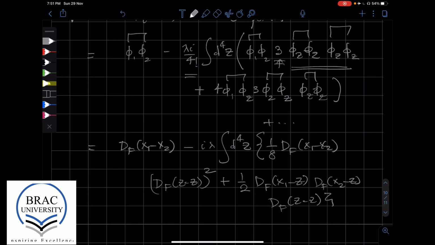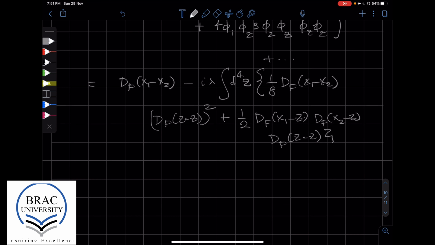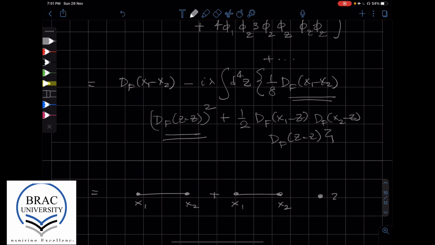So diagrammatically, we can express these terms in the following way. The first term, we can just draw it like that. So this is x1 and this is x2. The second term, we can draw as, this thing is just, again, a Feynman propagator from x1 to x2, whereas this thing is just two Feynman propagators connecting the same point z. So this is the point z.